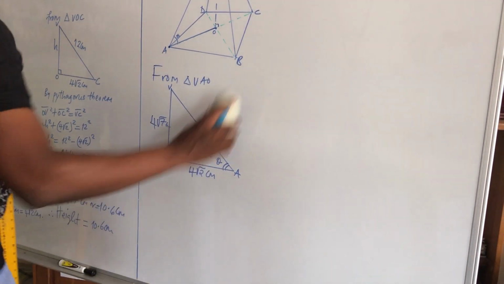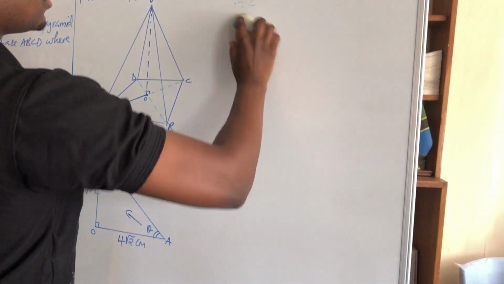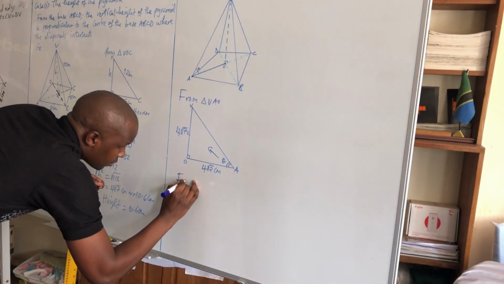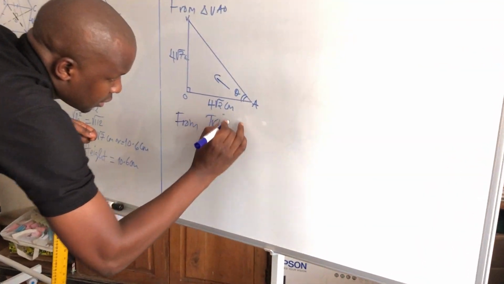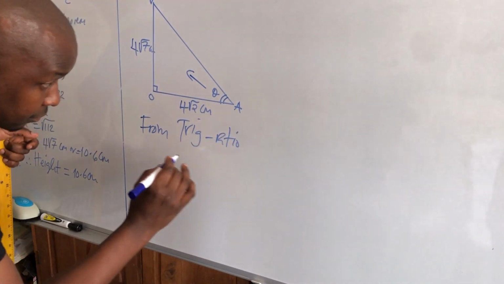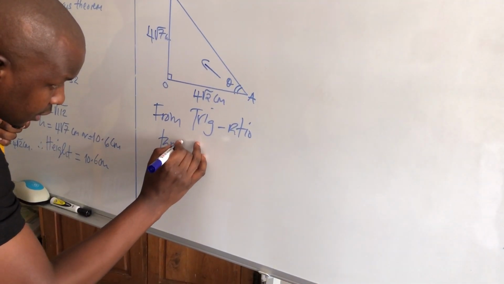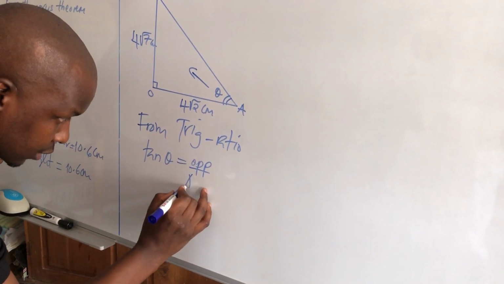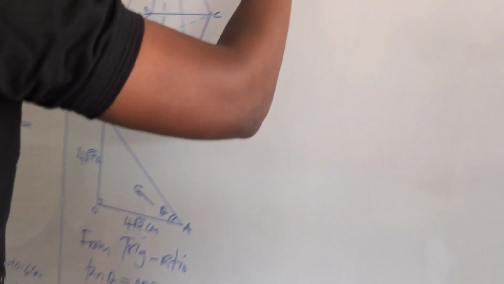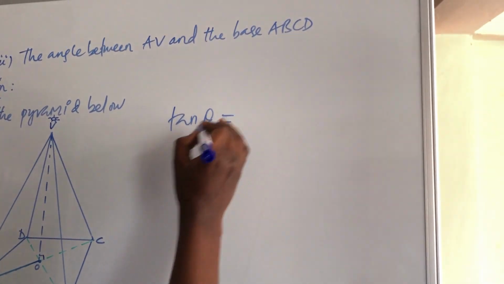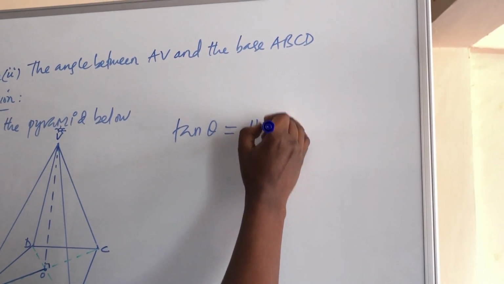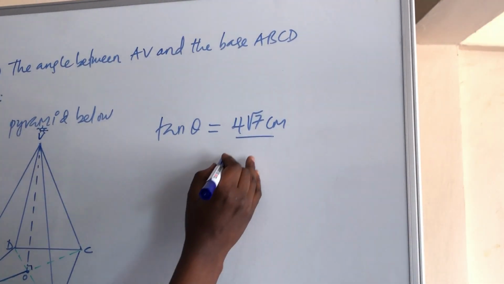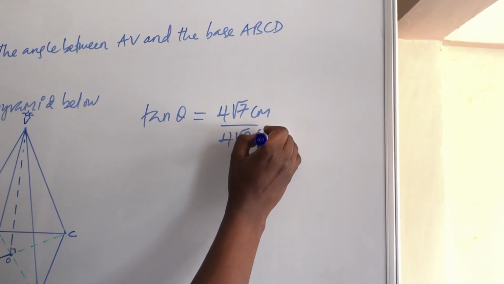So from the tangent function, or trigonometric ratio, tan theta equals opposite side to the adjacent side. So tan theta is 4 radical 7 centimeters to the adjacent side 4 radical 2 centimeters.